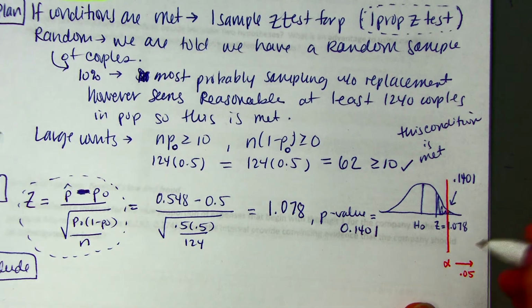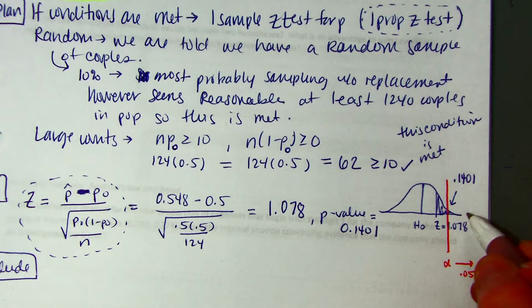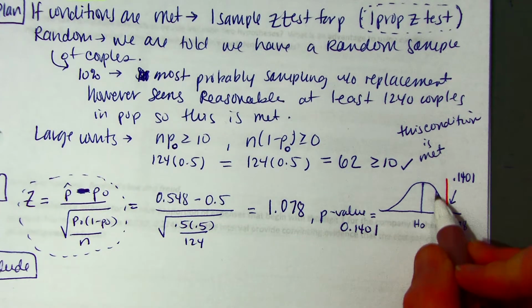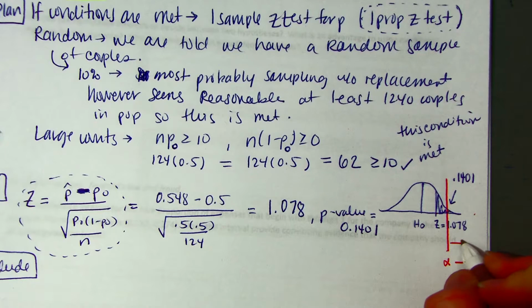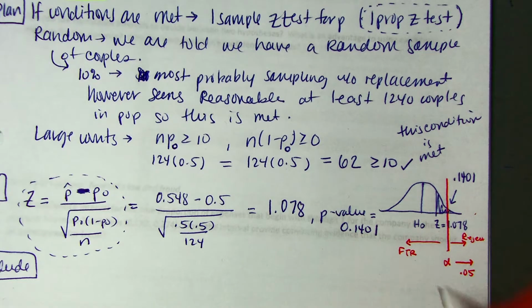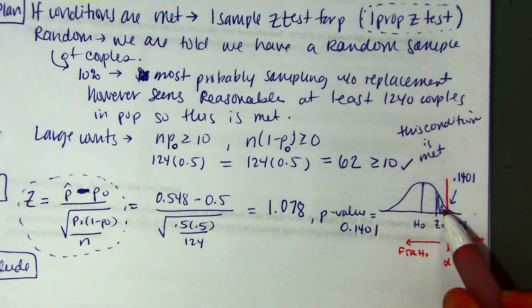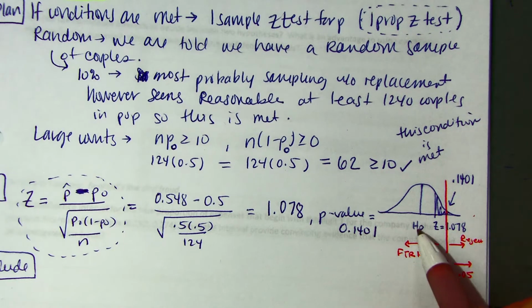Now my decision about rejection or not rejection is based on where the p-value is. Since the p-value is not beyond the alpha cutoff, I fail to reject. Anything over on this side would be rejection, and anything this side would be fail to reject. That means failing to reject the null, meaning that my sample value isn't far enough away for me to not believe that the null hypothesis is a plausible value.